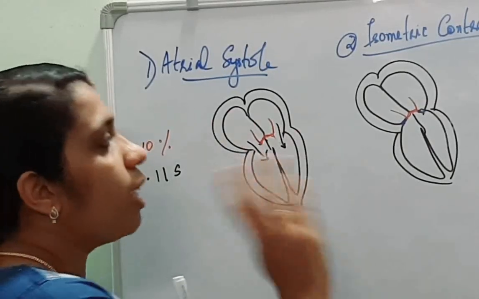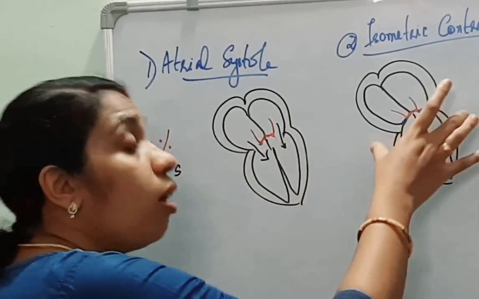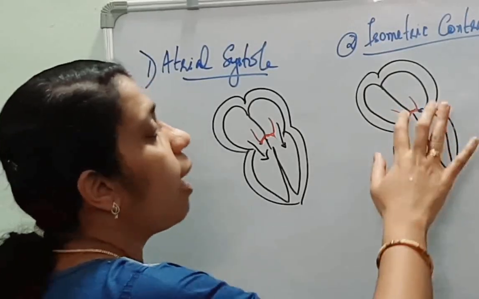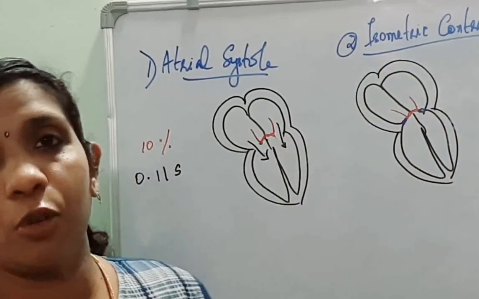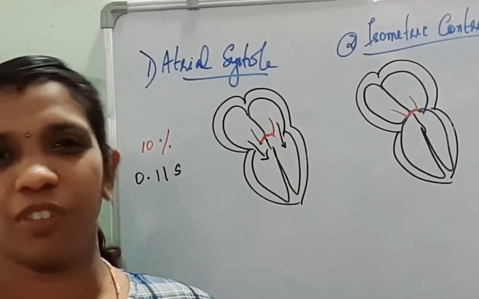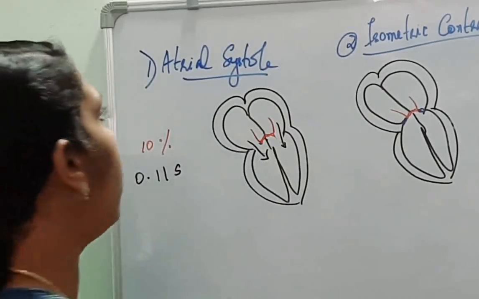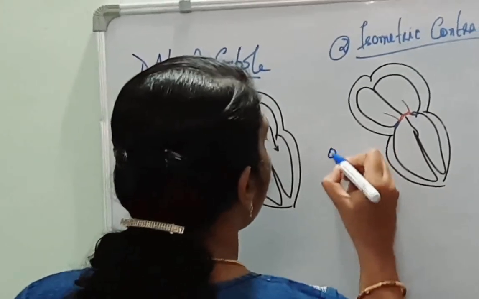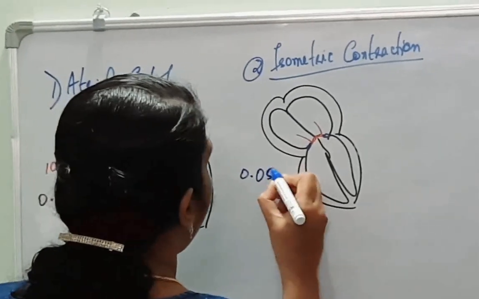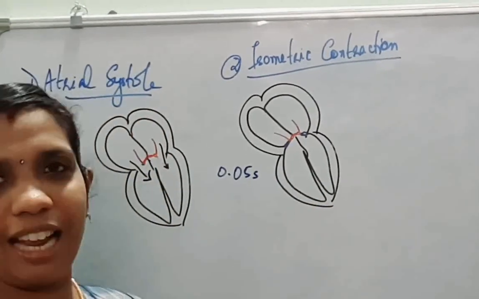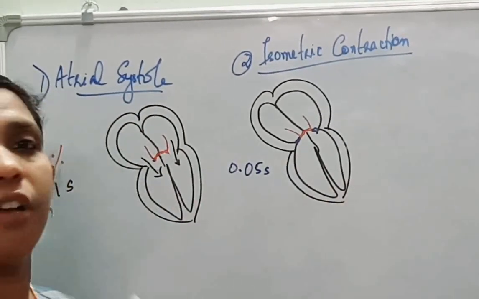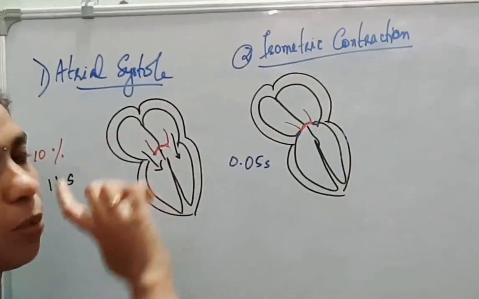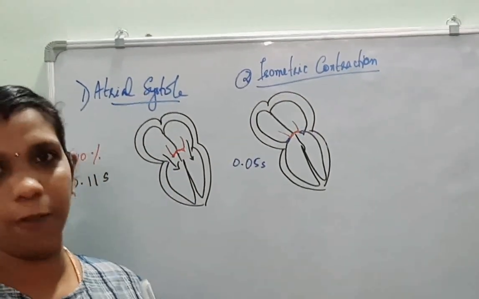In isometric contraction, all the valves of the heart, both atrioventricular valves and both semilunar valves, are closed. The time taken for this isometric contraction period is 0.05 second. This is the second step of the cardiac cycle. So first is atrial systole, second is the isometric contraction period.